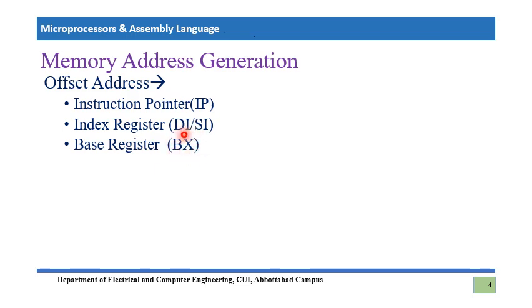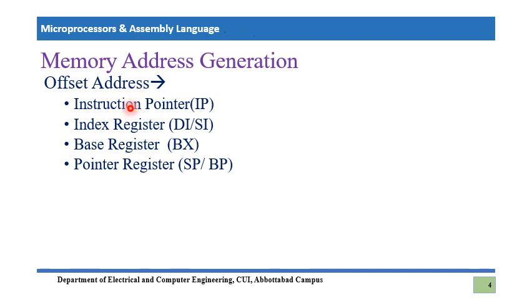Remember, this is part of the data register, and BX can be used as a base register in a specific addressing mode, as we discussed earlier, the base addressing mode. We are going to explore the role of the BX register in detail when we deal with addressing modes in a separate lecture.